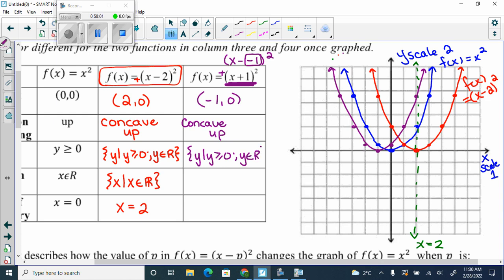I'm still saying hallelujah. So it's x such that x is an element of the reals. And my axis of symmetry this time is x equals what? Amelia Wade's just dancing it out over there. X equals what? -1.